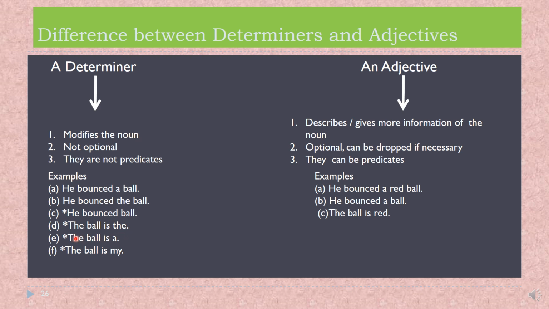It has to be before only, the ball. Whereas here, the ball is red. So adjectives can be predicates like red, whereas we cannot use here the ball is a. It would not make sense at all.